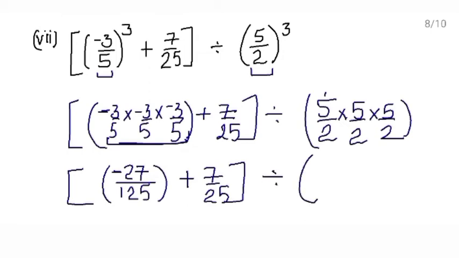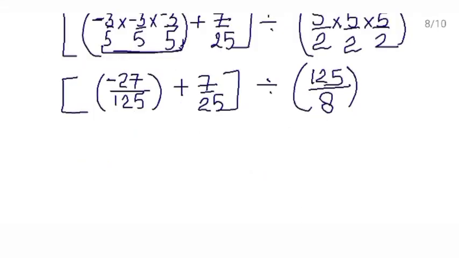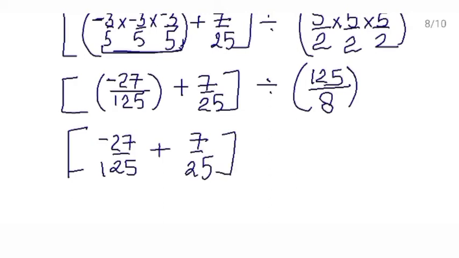Solve here. 5 5s are 25. 5s are 125. Upon 2 2s are 4 2s are 8. Right? Now open the bracket. Inner bracket. Okay. Minus 27 upon 125. Plus 7 upon 25 divided by 125 upon 8.